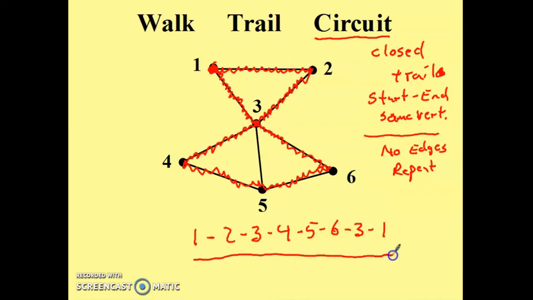That's a circuit because it starts and ends at the same place and it won't go over the same edge twice. And of course, if that's a circuit, then I could always do it backwards and it would still be a circuit, right? 1, 3, 6, 5, 4, 3, 2, 1. Same circuit, just in the reverse order. So that's walk, trail, circuit.